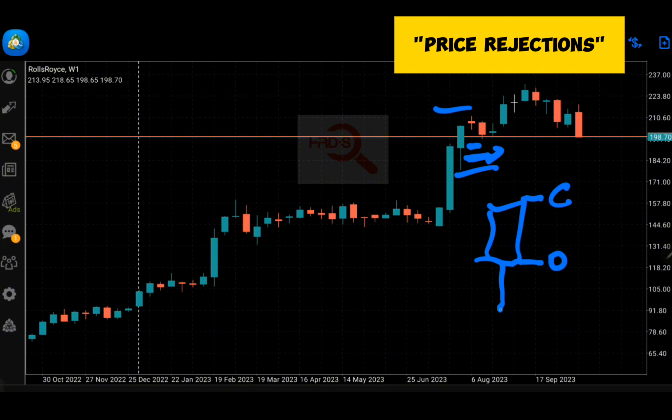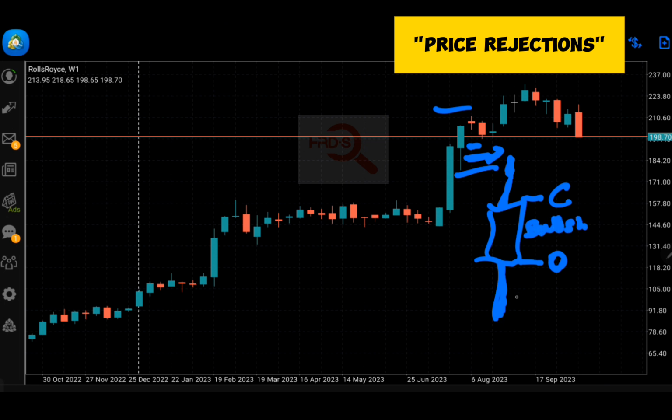And I told you that wick simply means that what? In between that time frame, for instance, this is a weekly time frame. Within that week, price was actually pushed below by the bears and also pushed up by the bulls above the closing price or below the opening price. This is a bullish candle.